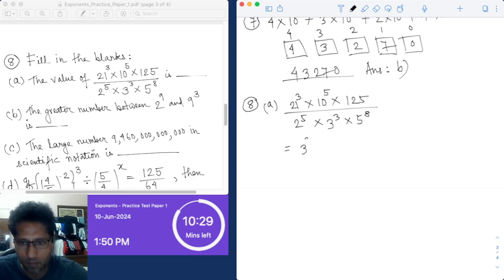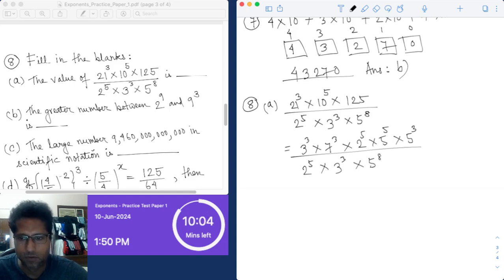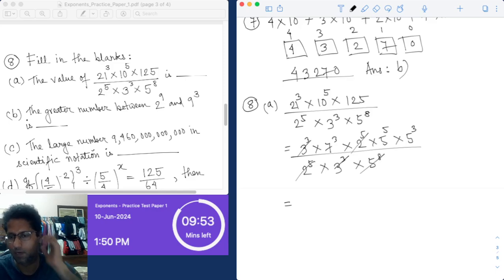So 3 cubed into 7 cubed, and 10 to the power 5 means 2 into 5, so it will be 2 to the power 5 multiplied by 5 to the power 5, and 125 is 5 cubed. Now 3 cubed cancels, 2 to the power 5 cancels, and 5 to the power 8 also cancels, because in the numerator we have 5 to the power 5 multiplied by 5 cubed, that is 5 to the power 8.